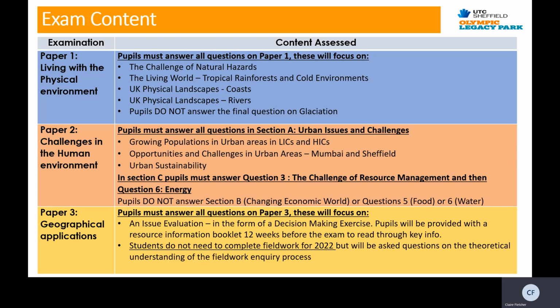In paper 1, students will also be tested on what we call UK physical landscapes. In particular, they will be asked exam questions on coasts and rivers. Again, we have looked at several real-life case studies to highlight to pupils what is happening in these environments, coastal environments or river landscapes and their catchments, and pupils have covered all the work of that in class.